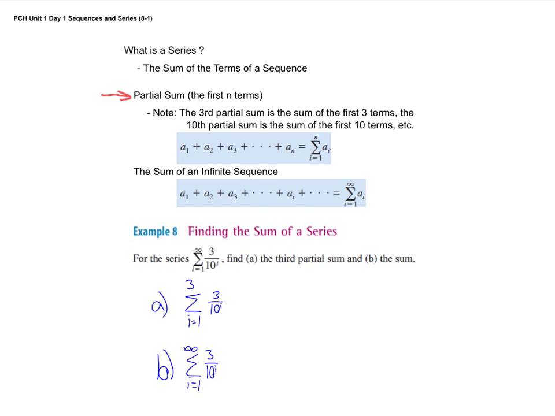So the third partial sum is the first 3 terms. The 10th partial sum is the first 10 terms. Using this notation, the third partial sum would be the sum from i equals 1 to 3 of a sub i. The 10th partial sum would be the sum from i equals 1 to 10 of a sub i. Okay?